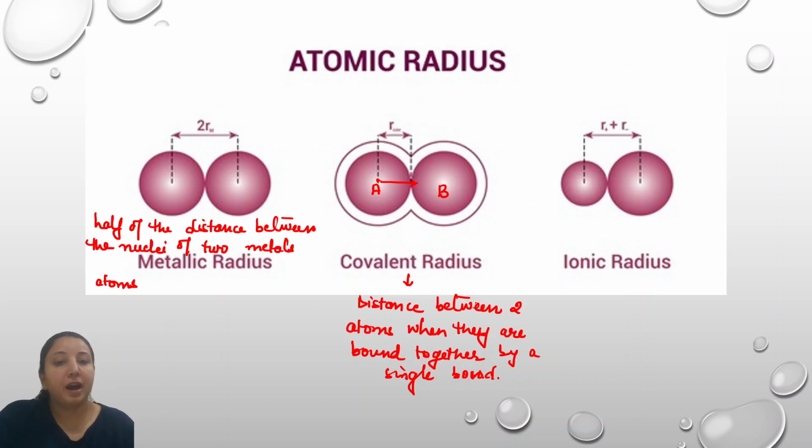Then next we have the ionic radius. Now ionic radius means that we are going to have the cation and the anion. The distance between the nuclei of the cation and the anion is going to be called the ionic radius.